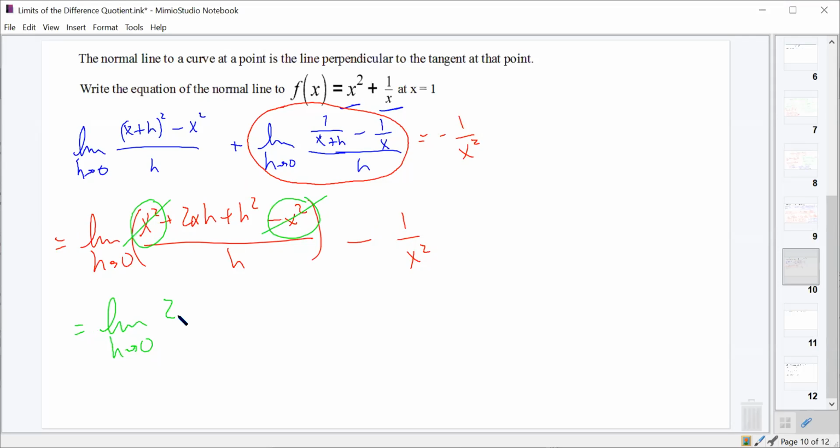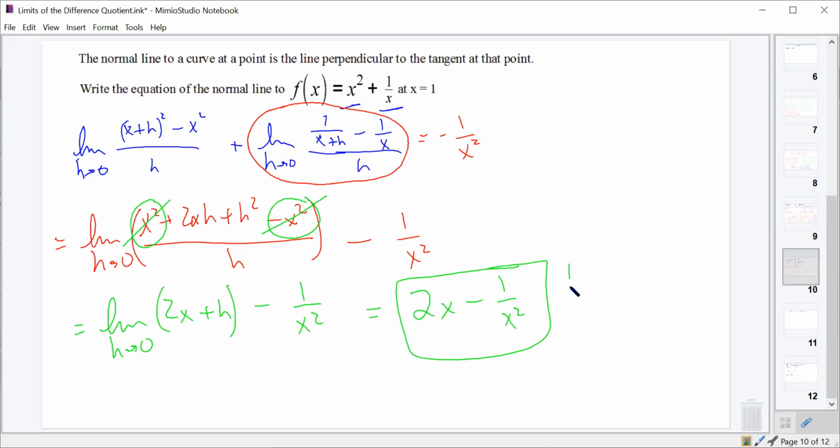So we get the limit as h approaches 0 of 2x plus h minus this 1/x². And as h goes to 0, what do we get? 2x minus 1/x². This is our derivative. This gives us the slope of the tangent line. So at x equals 1, the slope of the tangent line is what?